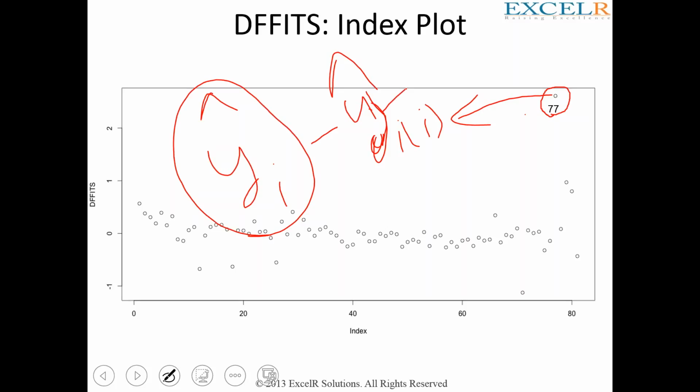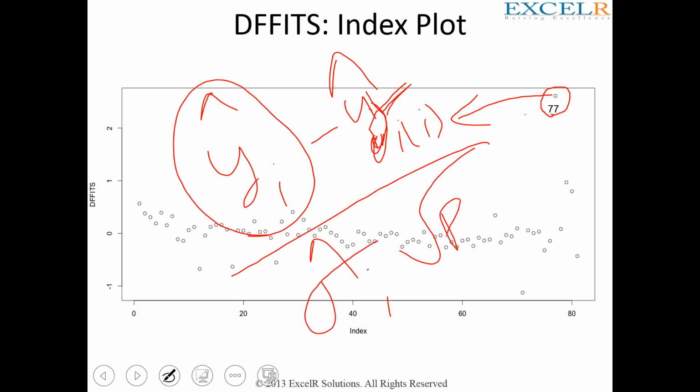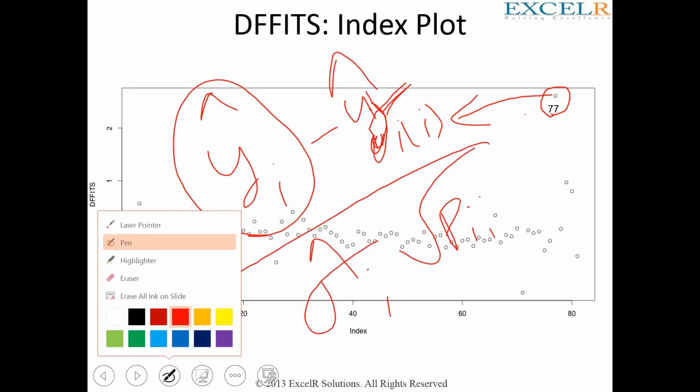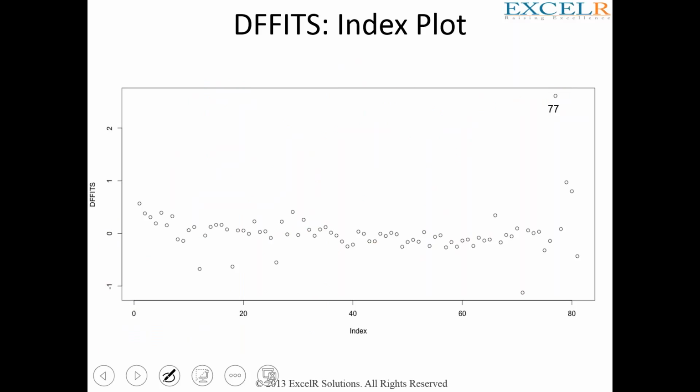Of course there are a few more calculations required apart from that. You divide it by the standard deviation of the fitted value, and there is something called p_ii and all that. I'm not trying to confuse you here. If you subtract those two, you get the difference of the fitted values. Forget about the calculations.